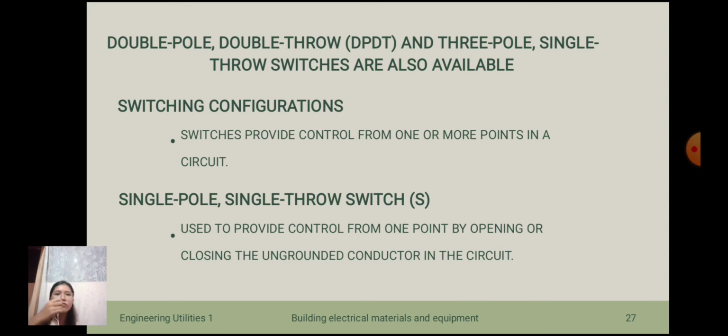So the switching configurations: switches provide control from one or more points in a circuit. So the single pole, single throw switch is used to provide control from one point by opening or closing the ungrounded conductor in a circuit.